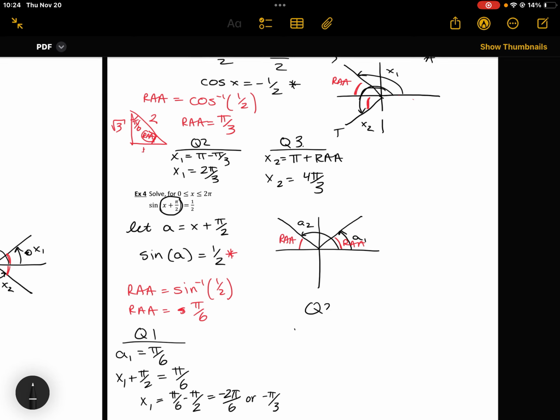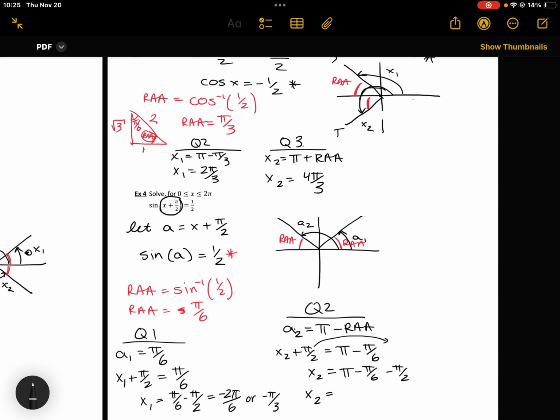In my second quadrant, my A2 value is going to be pi, take away my related acute angle, but my A value is really x plus pi over 2. So that means I've got pi, take away pi over 6, and then I need to move this term over onto the right-hand side to fully isolate my x in order to finish solving my equation.